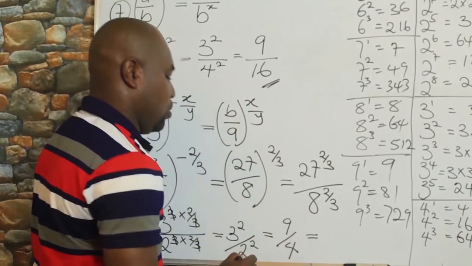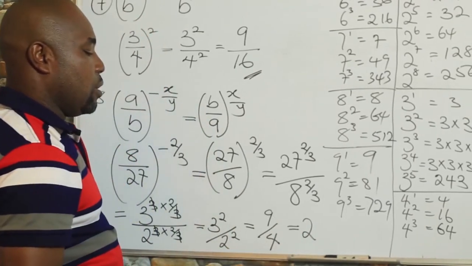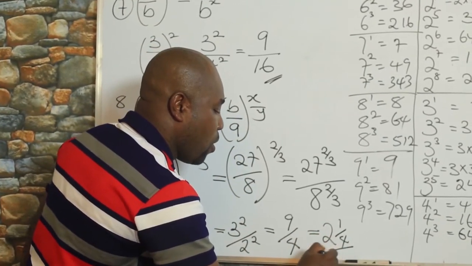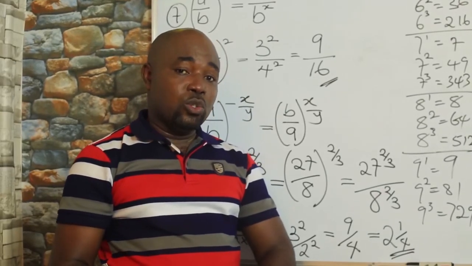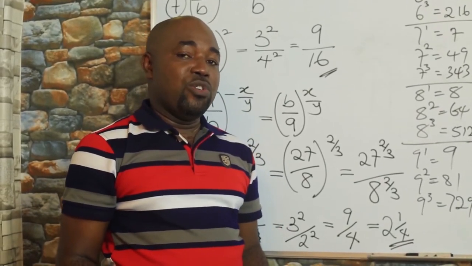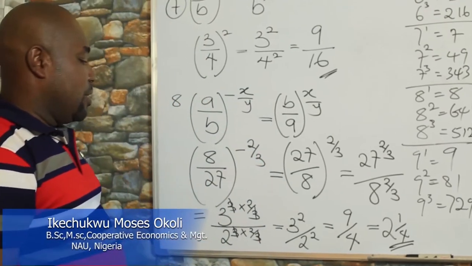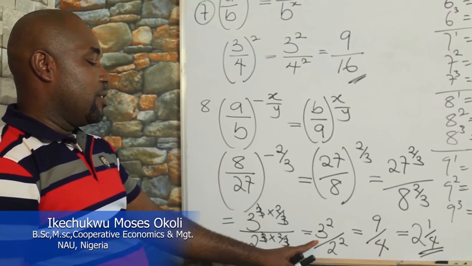Which is equal to 4 into 9 is 2, remainder 1, which is 2 whole number 1 over 4 as your answer when you are asked to simplify. Otherwise, here you have your answer in index form.